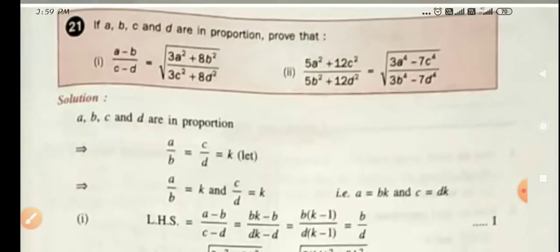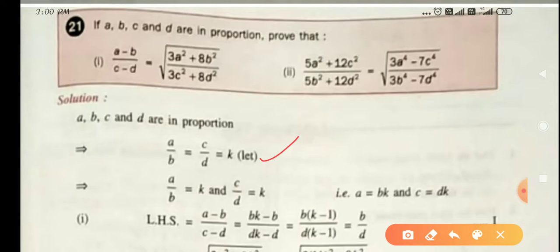One more problem I am going to take. This is the problem. If A, B, C, D are in proportion, then prove that... Two parts are there. First part I will explain. Second part you can do yourself after getting this first part. So A, B, C, D are in proportion. It means that A upon B equals C upon D, equals k, you have to take. So what is the benefit by taking A upon B equals C upon D equals k?